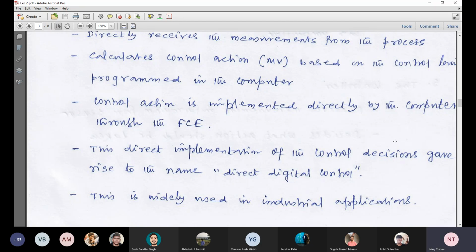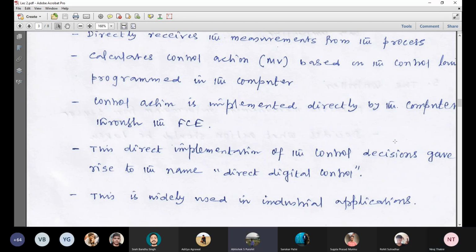Which equations? You know this or not? No, sir, not the equation. Just now I told. Abhishek Purohit, 10002. Yes, sir.